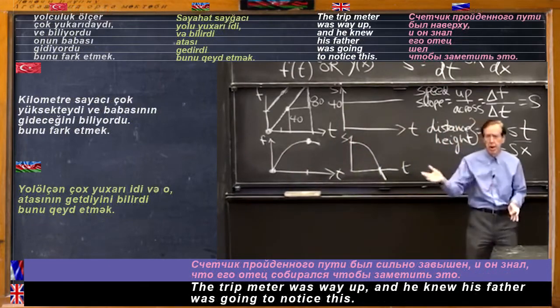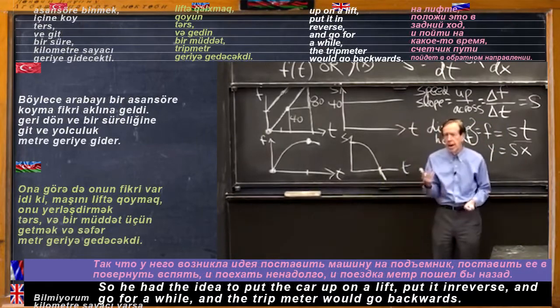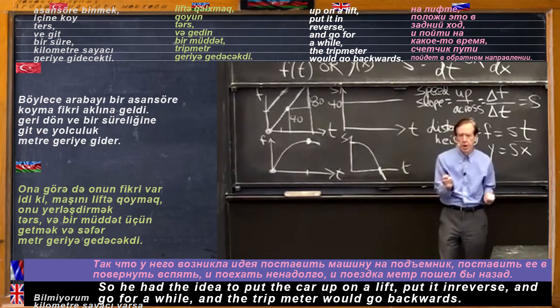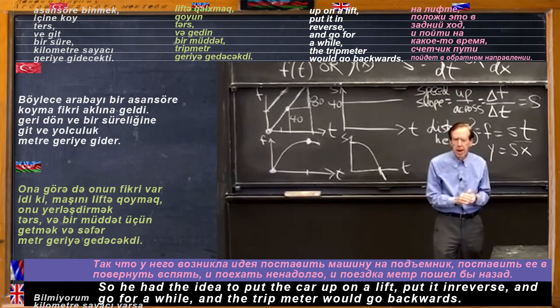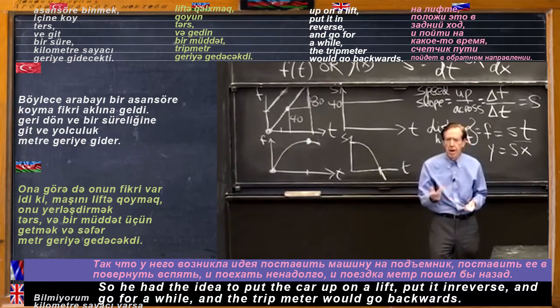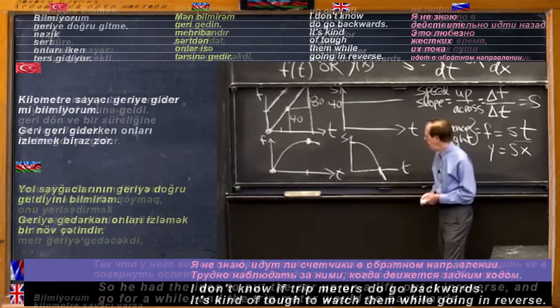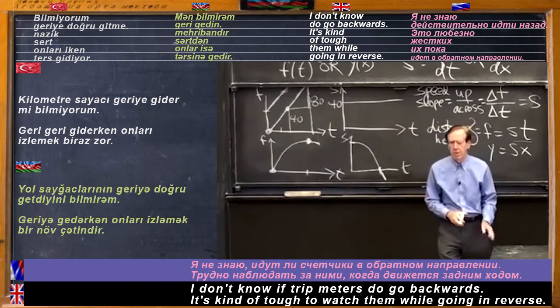The trip meter was way up, and he knew his father was going to notice this. So he had the idea, put the car up on a lift, put it in reverse, and go for a while, and the trip meter would go backwards. I don't know if trip meters do go backwards.